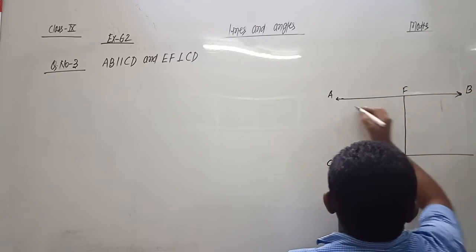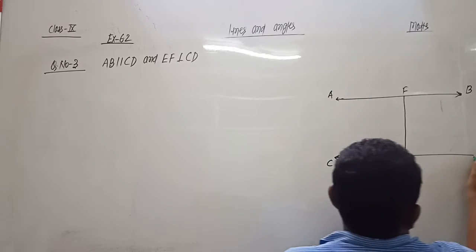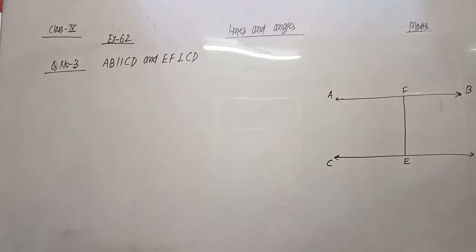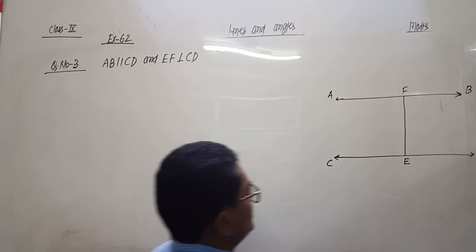EF is perpendicular to CD and AB is parallel to CD, and angle GED is 126 degrees.